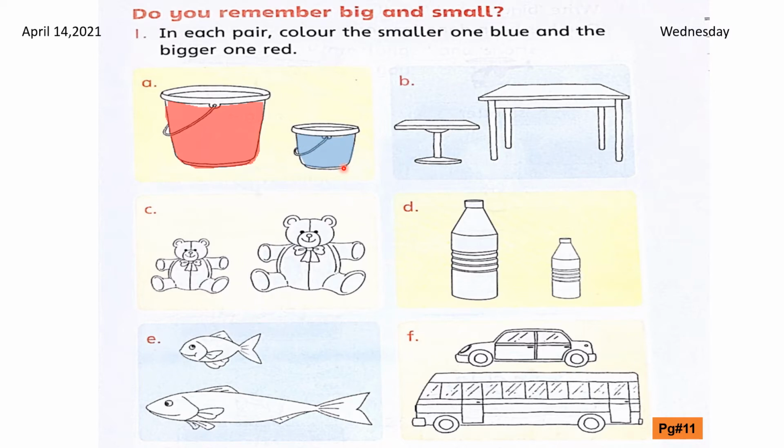Do color blue. Now you can read in this way. Blue bucket is smaller than bucket red and bucket red is bigger than bucket blue. Rest of these questions you will try to solve yourself.